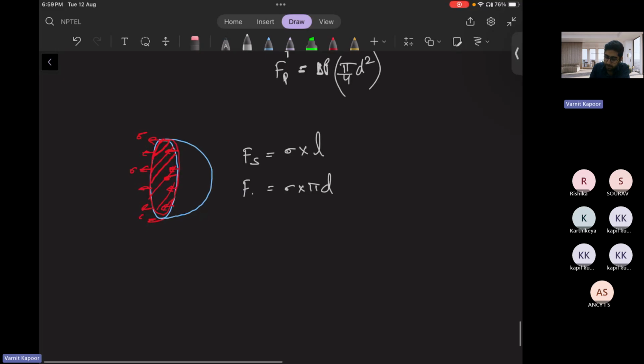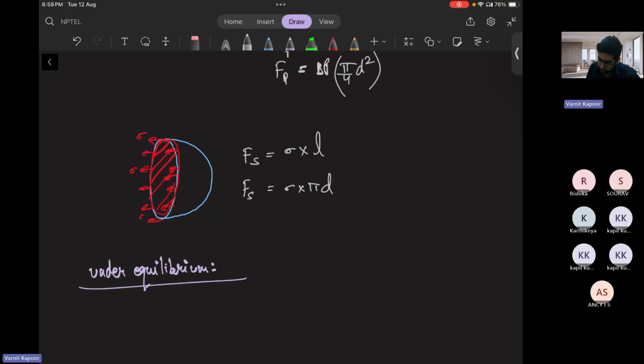This is your Fs. Now, for the droplet to be in equilibrium, both the forces need to be equal. Under equilibrium condition, Fp is equal to Fs.